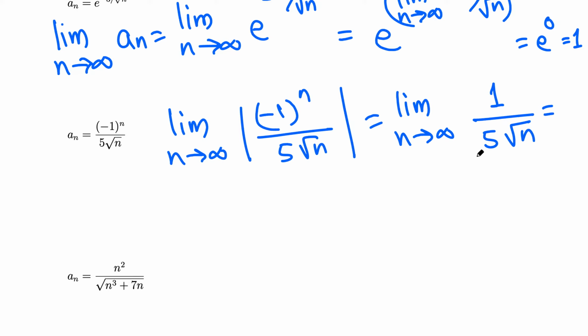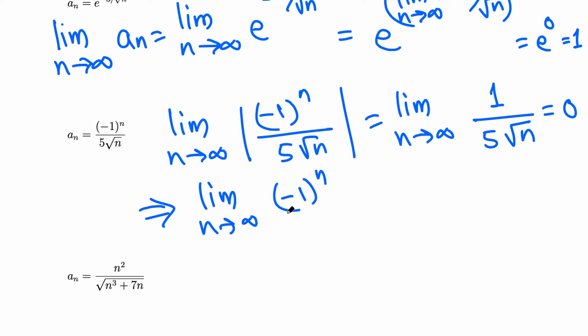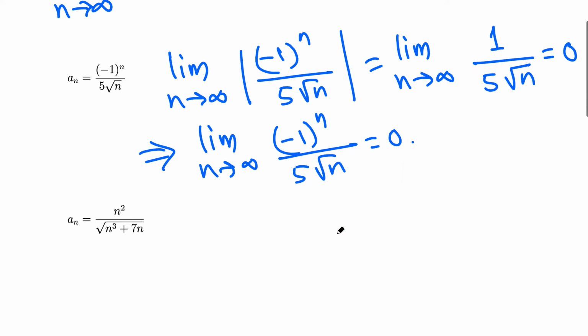And this limit is, since n goes to infinity, the bottom becomes really big, 1 over really big is 0. So since the limit of the absolute value of this sequence is 0, that means the limit of this sequence without absolute value is also 0. That means this sequence converges and the limit is 0.